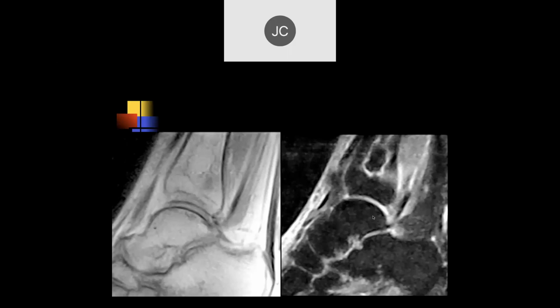All right, so there's a bone infarct in the distal tibia, on a low field scanner. The patient came in with ankle pain. What's your differential if you just see an infarct like this? Some sort of vaso-occlusive disease. Yeah.